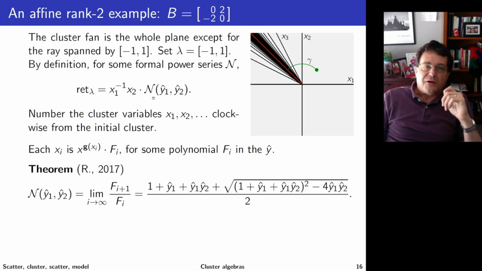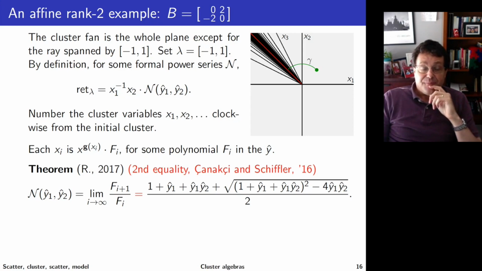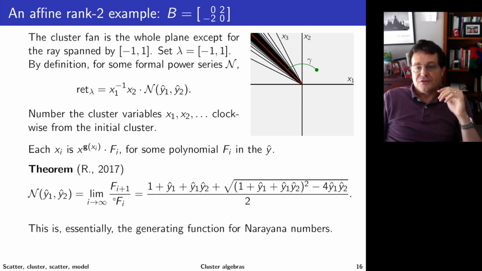So this formal power series that you get is actually a limit of ratios of these adjacent polynomials, called F-polynomials, these pieces of the cluster variables. And if you take that limit, you actually get this thing that looks kind of like a Catalan or Narayana generating function. I should mention that for different reasons, Chang, Schiffler, and others calculated this limit of ratios slightly before I did. But it's essentially the generating function for Narayana numbers. So somehow this return function is counting Narayana numbers.